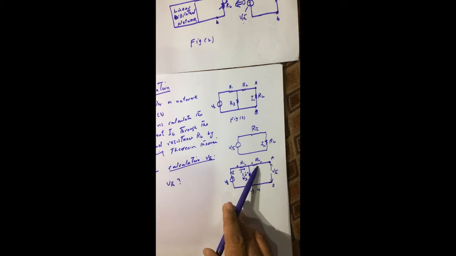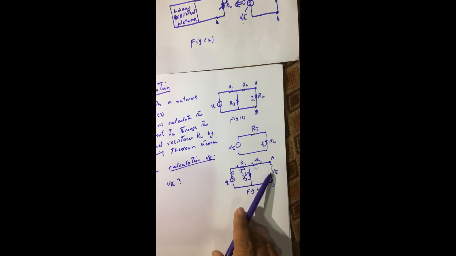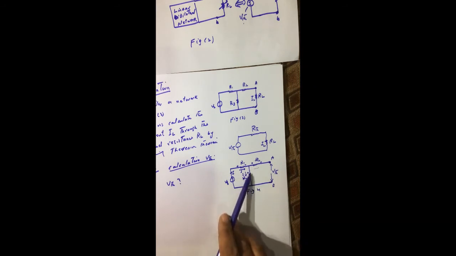If there is voltage drop across this resistor R2, then this Thevenin voltage will be that voltage drop. Now there is no voltage drop across this resistor R2, so the Thevenin voltage will be the voltage drop across this R3.